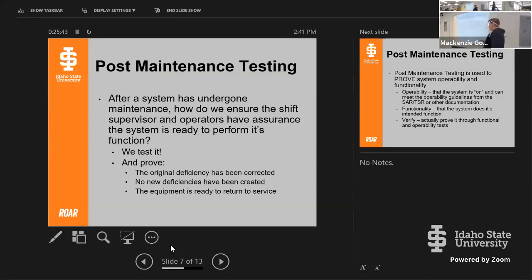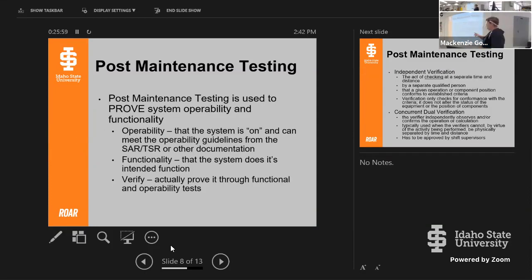You have to actually prove through a documented test that these things are true. So verification means proving, okay? And the way we prove system operability and functionality is this post-maintenance testing process.